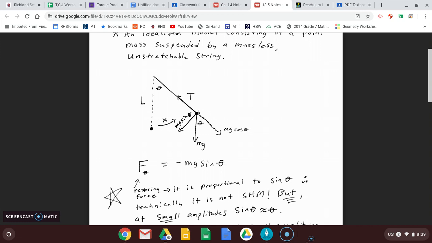We're going to call the component which restores the simple pendulum back to equilibrium, that basically points along the arc path right here, mg sine theta. And this one that really puts the tension in the string is mg cosine theta.